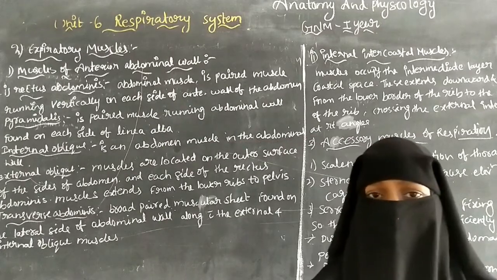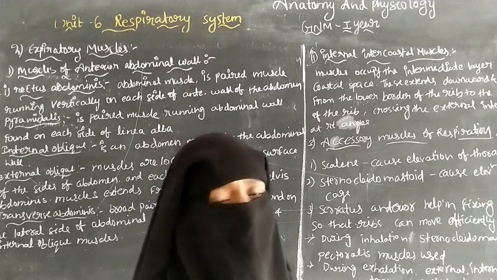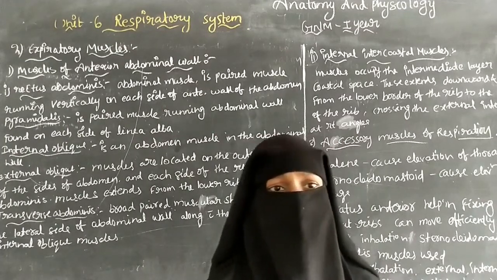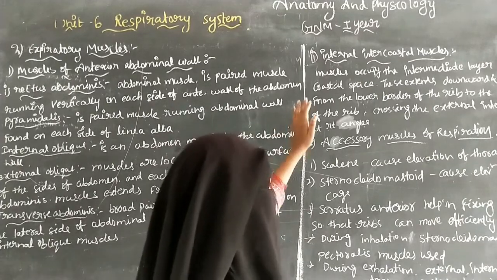So the internal intercostal muscles cross the external intercostal muscles. So that is about the internal intercostal muscles.